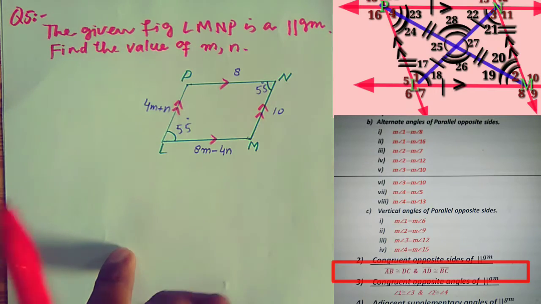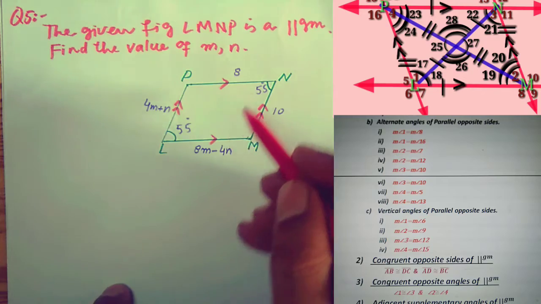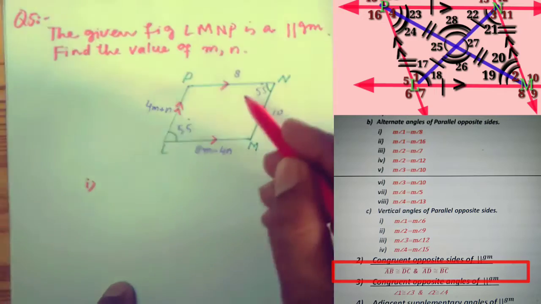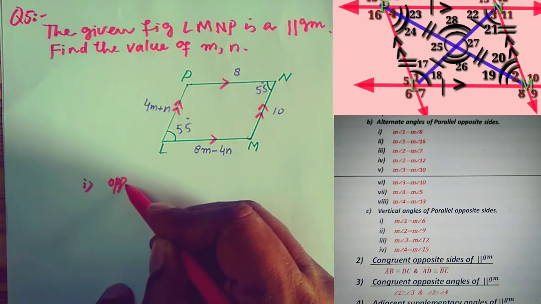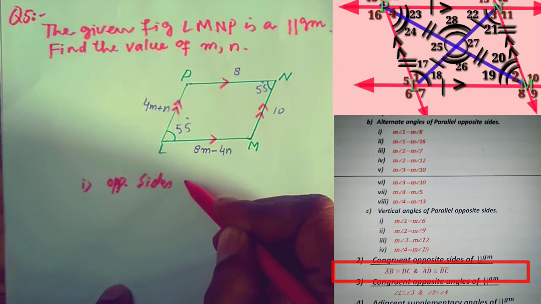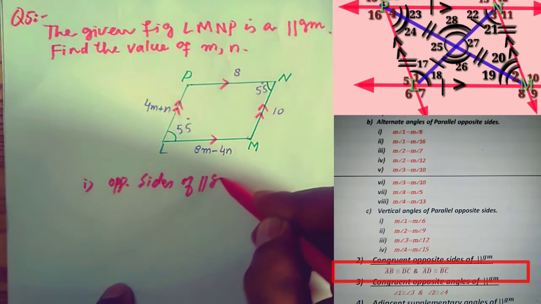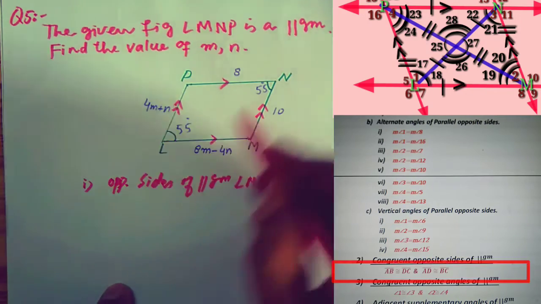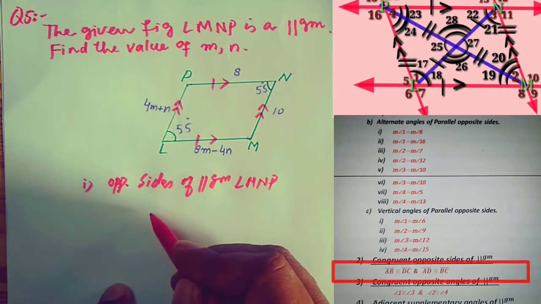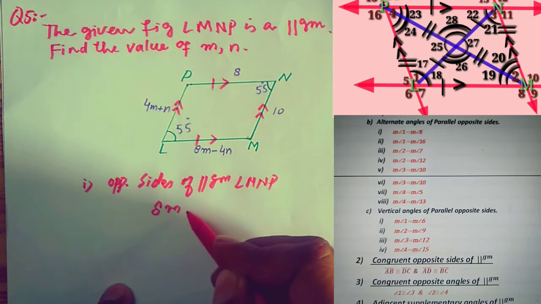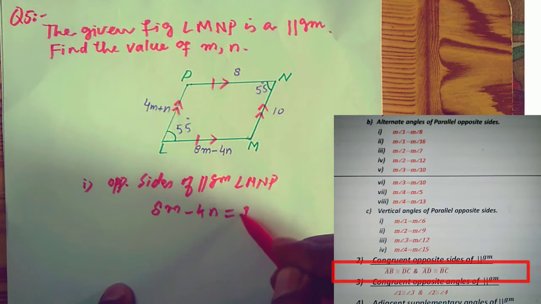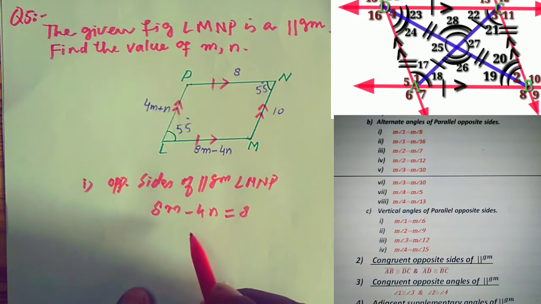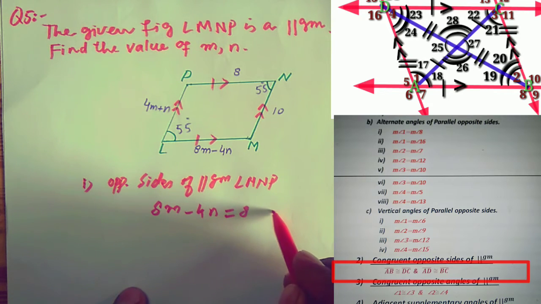The properties of parallelogram: opposite sides of parallelogram LMNP are equal, so 8m minus 4n is equal to 8, which is equation 1.